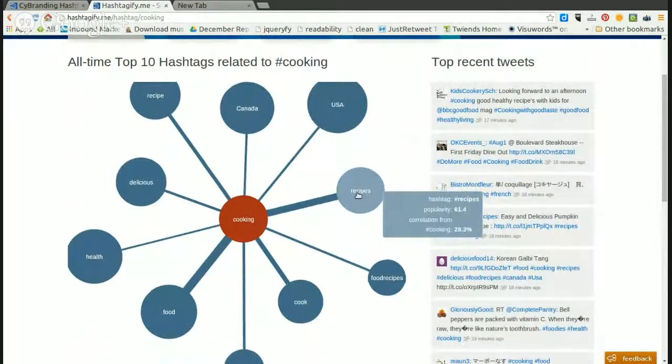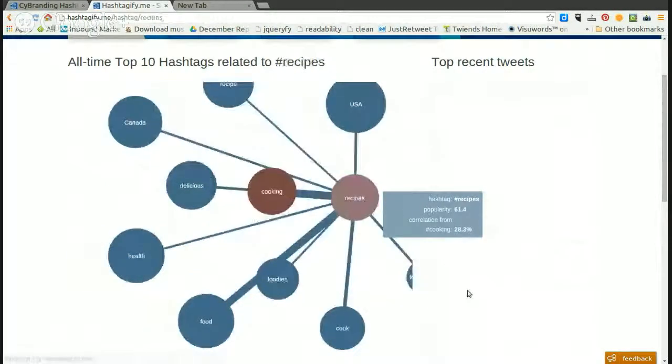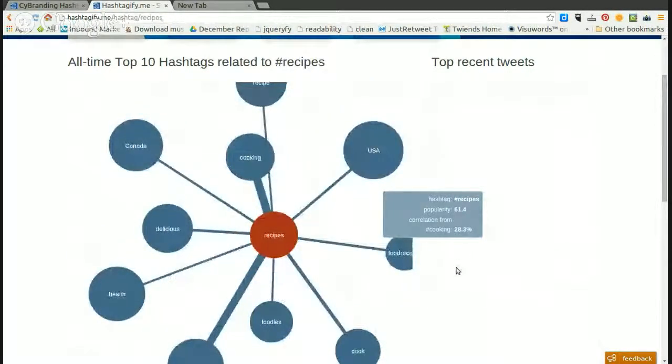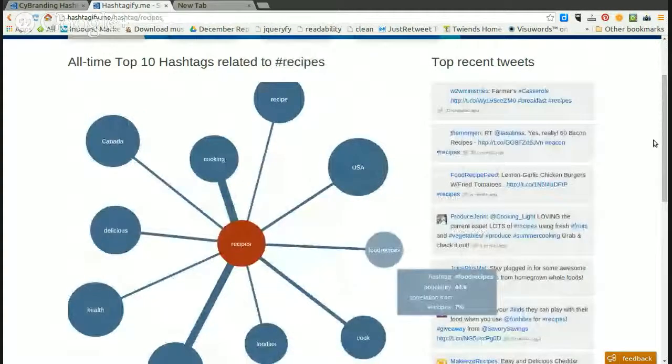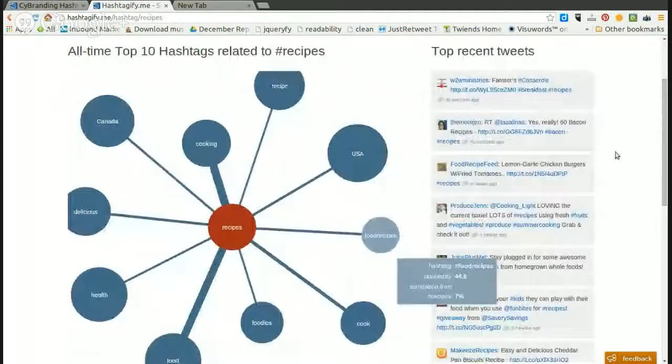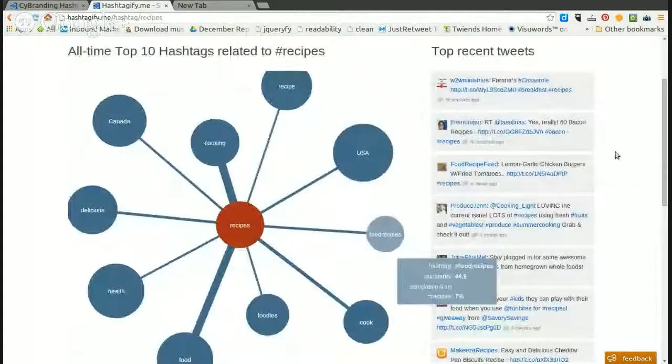For example, I would look for recipes and food recipes, and I would try to find the hashtags which are big enough but also specialized enough. Because if you find some hashtags which are very, very big but very generic, maybe they're not the best for you, because your message will get drowned by all the conversations, all the noise that is going on, and also by all the spam that is going on.